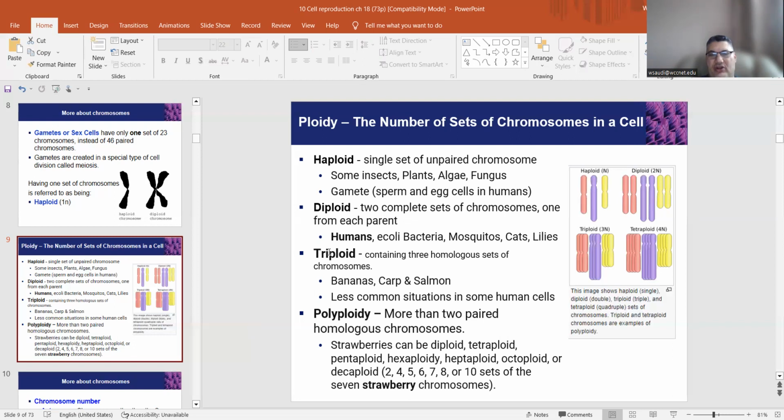So it can be triploid, like three of each type of chromosome, like in salmon, in banana, and stuff like that. Poly is whatever the number that's more than two. It can be in strawberry, which has seven, and so on. You don't have to pay much attention to that. It's more important to know haploid and diploid, which is in humans.